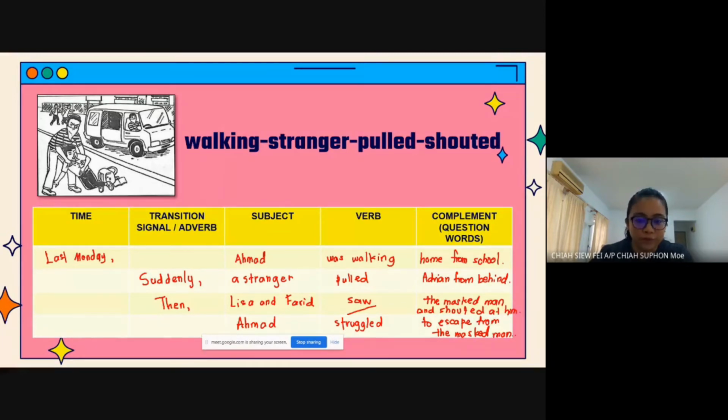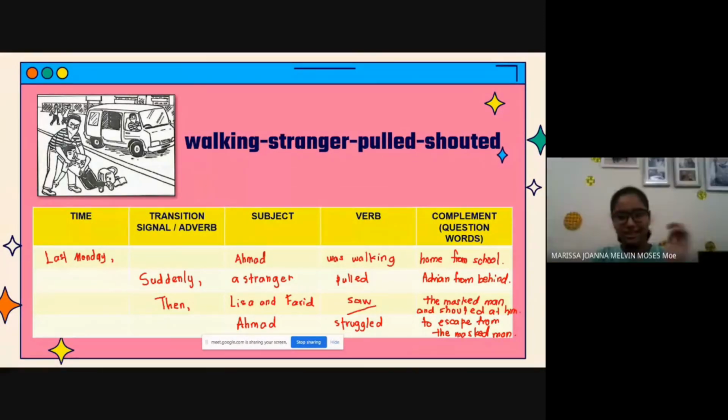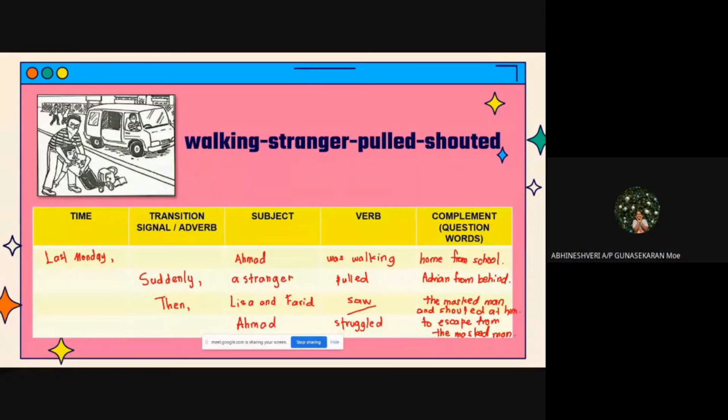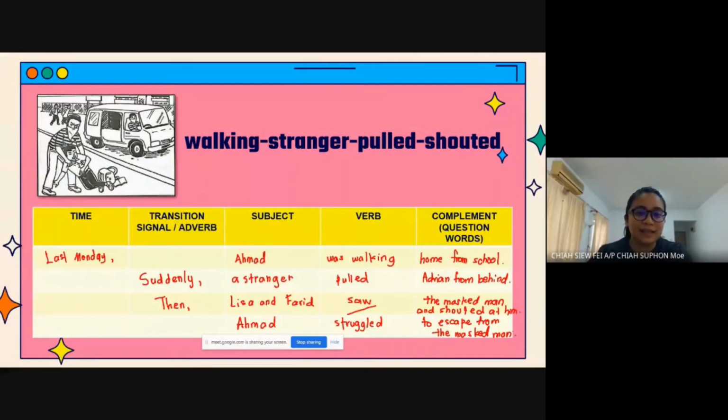Okay. All of you, do you think that these sentences are enough for this first picture? Yes, because we have to remember we are writing this in 80 to 100 words. Okay, we cannot go more than that.